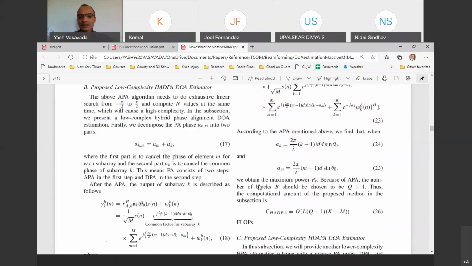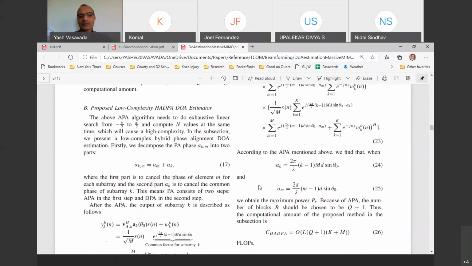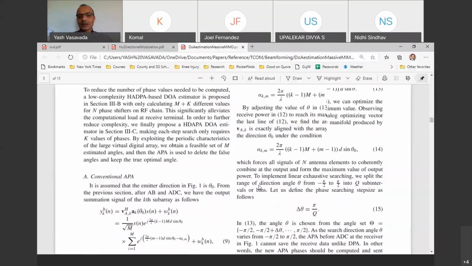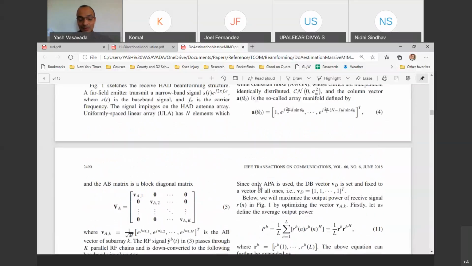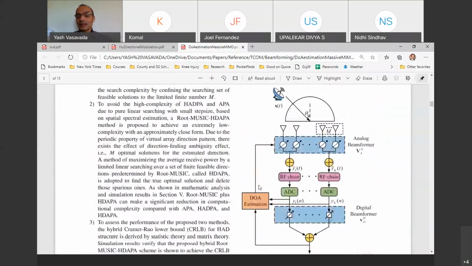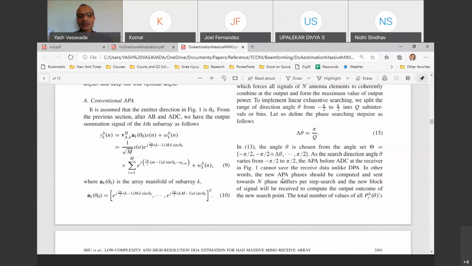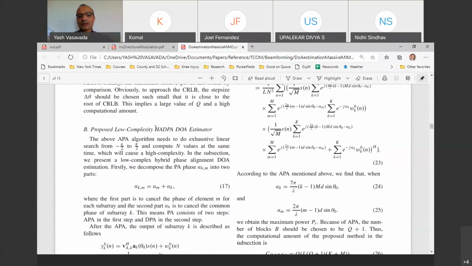Their only novelty, at least in terms of this power spectral density based estimation, is that compared to what you are doing, if suppose you were constrained to do this, then what would be the mathematics? So that is what they're calling hybrid analog and digital phase alignment based DOA estimator.